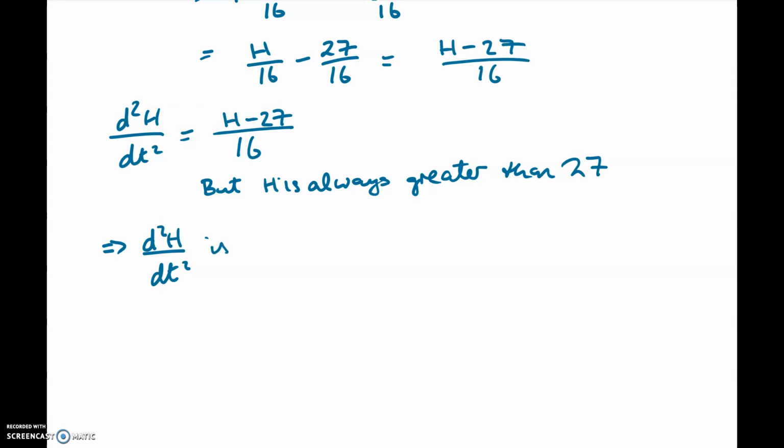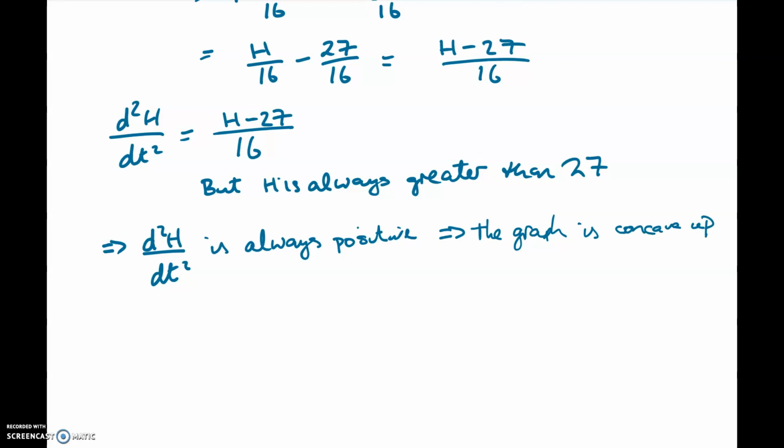So this is always positive. And what that means is that the graph of h is concave up. If the second derivative is positive, then the graph of h is concave up.